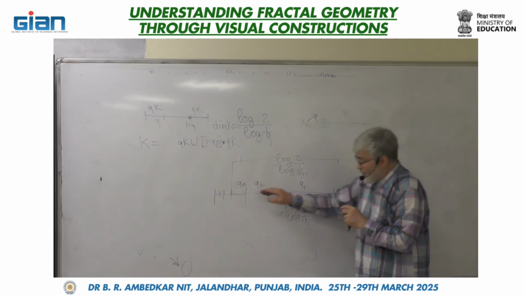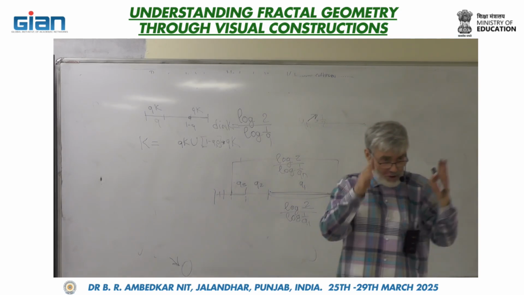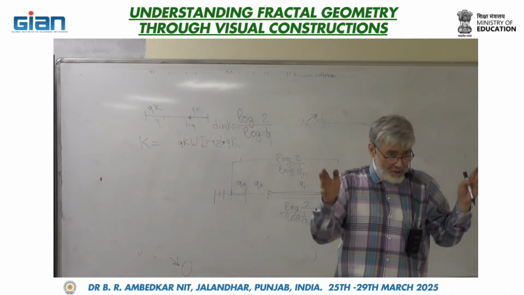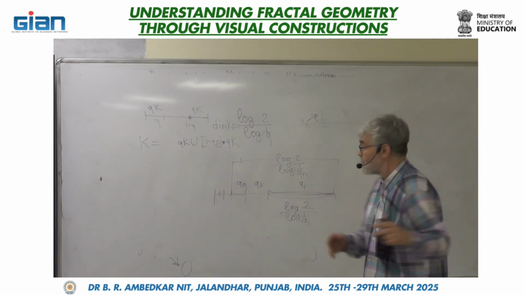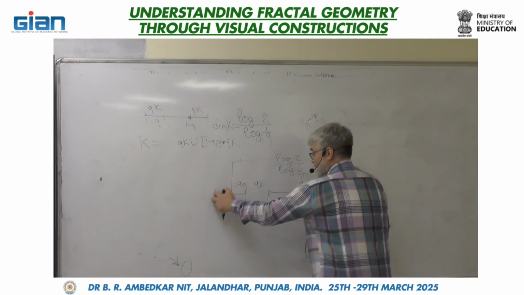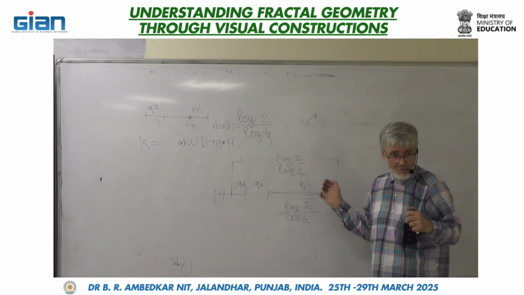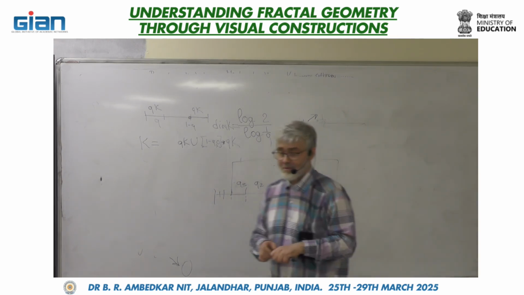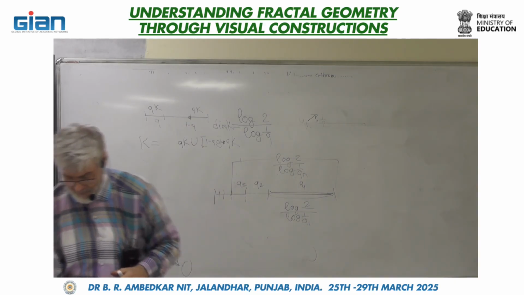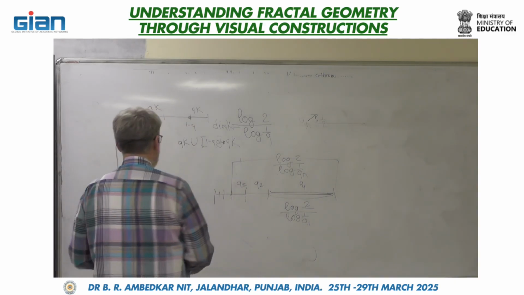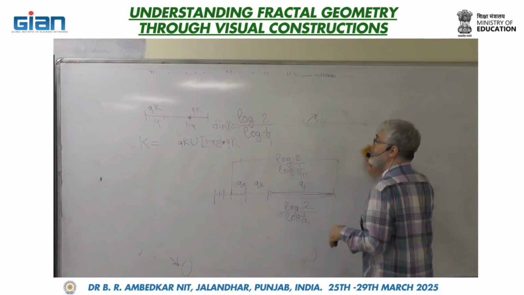A countable union of sets of measure 0 is a set of measure 0, right? Therefore, we have a set whose dimension is 1, but measure is 0. So it is a very simple example. It can be created also by other means.